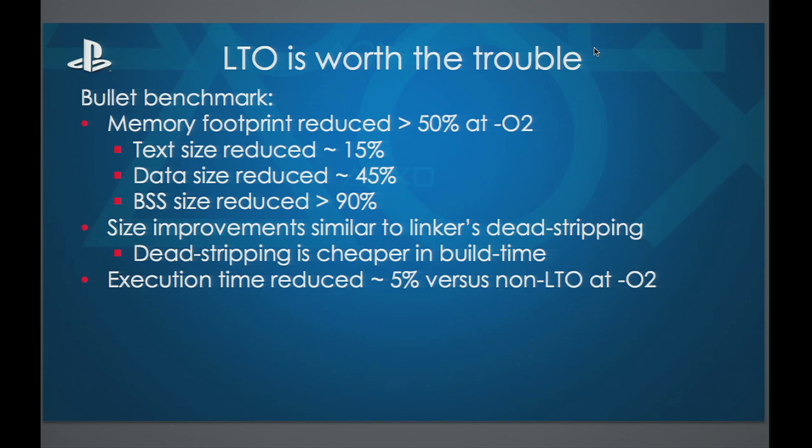Code size improvement is similar to what we got from the linker's dead stripping feature, which is cheaper in terms of build time. We also noticed a 5% improvement in runtime performance.